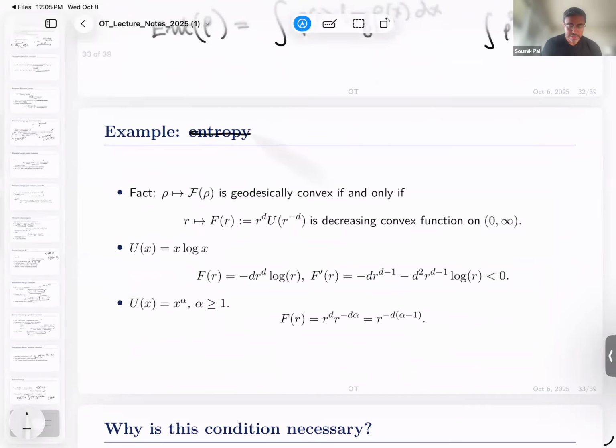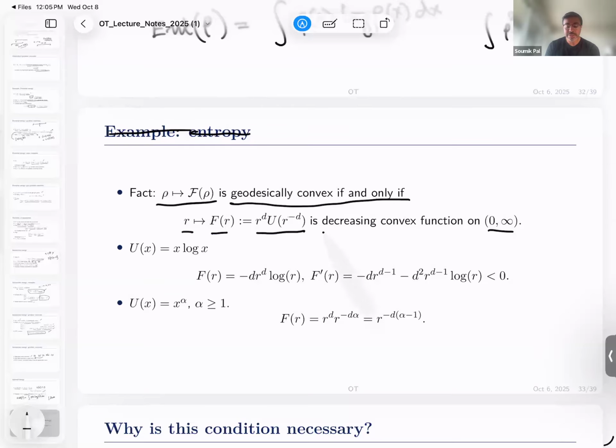So I've already done this example. So here is a fact, and this is the main theorem that we are going to learn. The theorem is that the function rho to f of rho is geodesically convex if and only if the following function is decreasing convex. For every r which is positive, from 0 to infinity, look at the function f of r, which is r to the power d u of r to the power minus d.